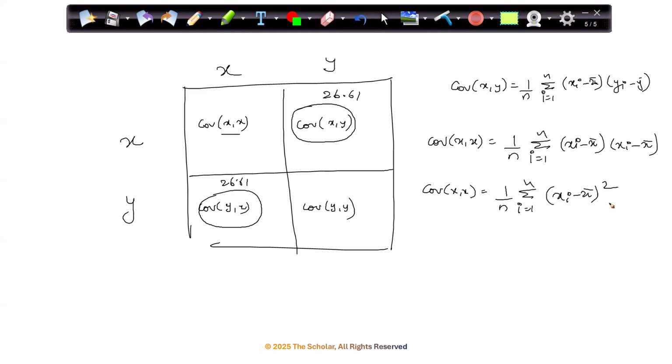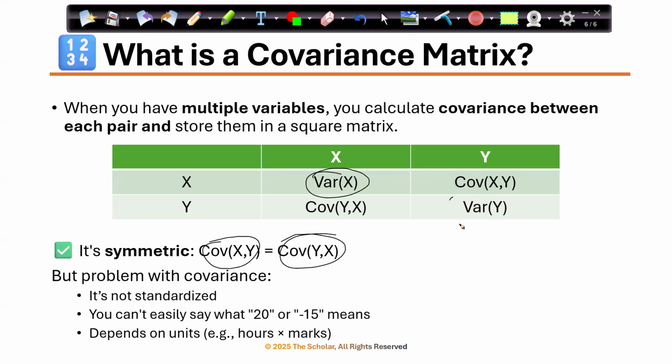What is this formula? Perfect. It's a variance, right? All of you remember the variance formula. So it's a variance. So can I say that this part is nothing but the variance of X and this part is nothing but the variance of Y, right? And that is what you can see here. Variance of X, variance of Y.